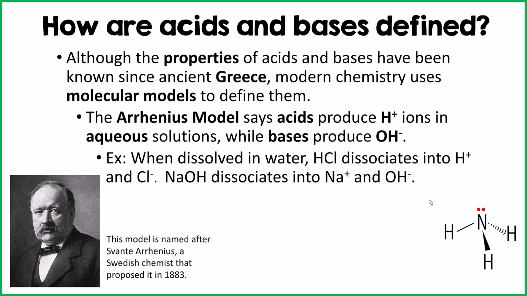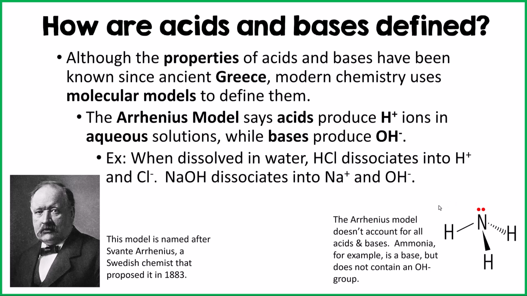And like I said, this model is named after Svante Arrhenius, a Swedish chemist that proposed it in 1883. But it does have some issues. For example, the Arrhenius model doesn't account for all acids and bases. Ammonia, for example, is a base, but it does not contain an OH group. So here's the molecular model for ammonia.